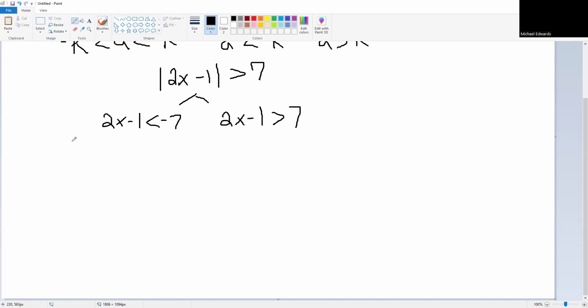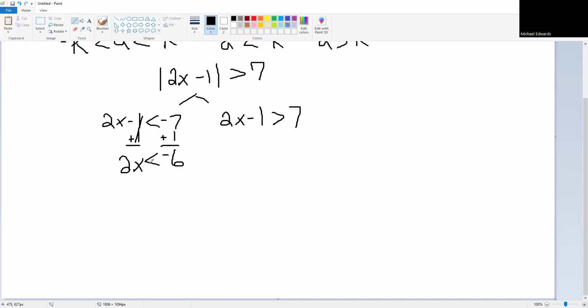So let's solve for x for each inequality, graph it, write our notation, and then check our solutions. Solving for x for this one, we add 1 to this side. We also add 1 to this side. This turns into nothing. This turns into a -6. This is 2x less than -6.